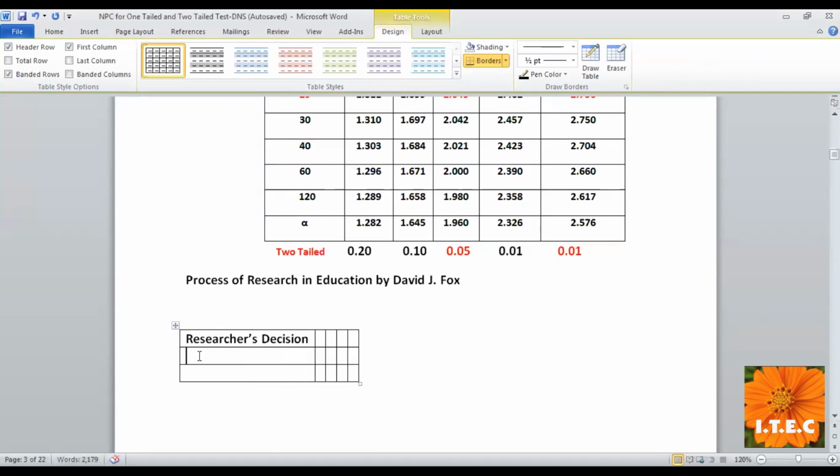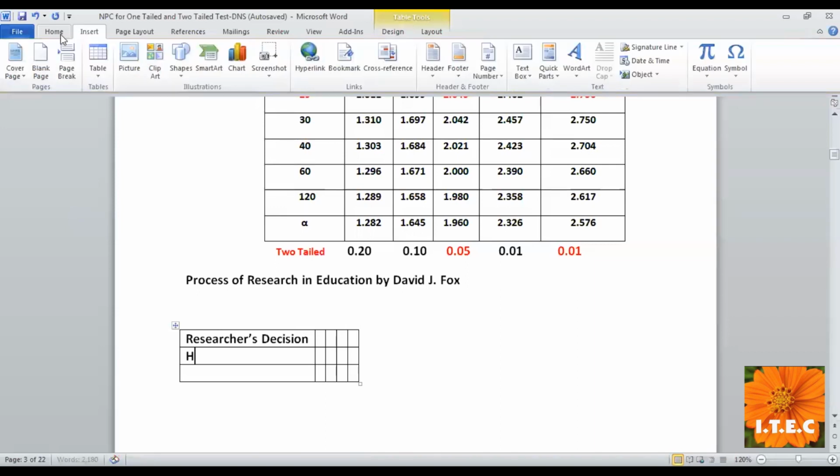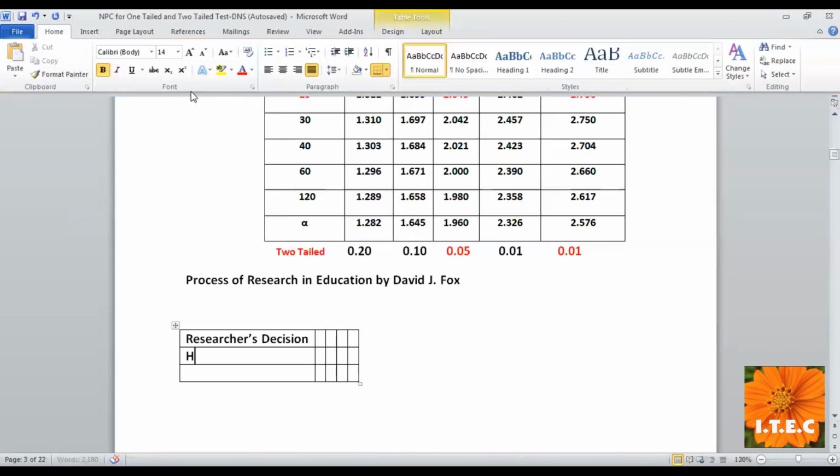The researcher decision can be that null hypothesis is rejected, and another can be that null hypothesis is not rejected.